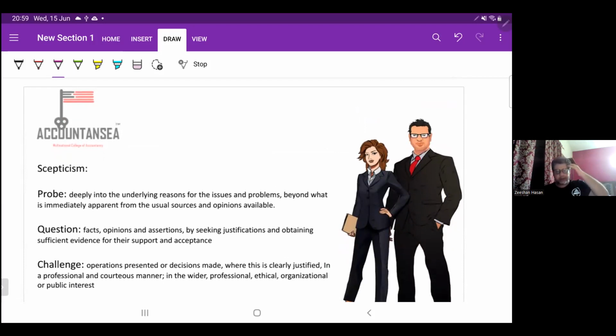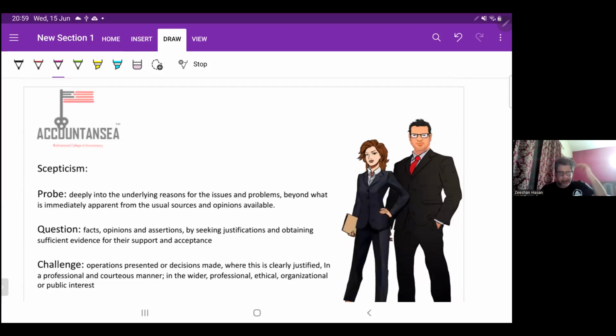You have to keep yourself alert for any kind of situations, facts, opinions, assertions. You can't assume someone is very innocent or dishonest.